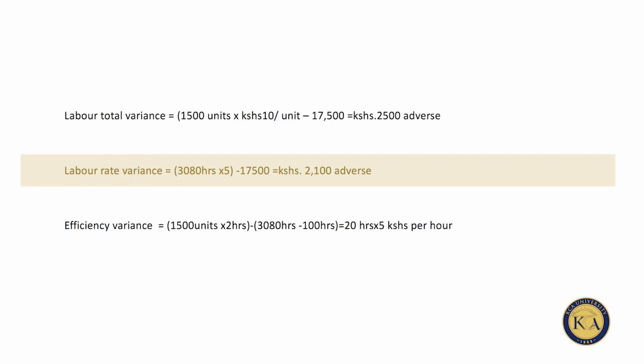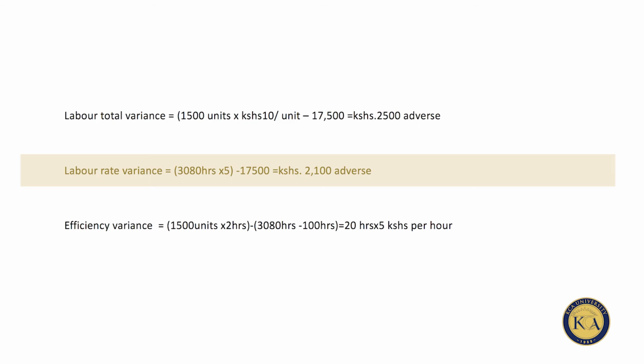The labor rate variance is about the standard cost of the hours which we used, 3,080 hours. In terms of the rate, we are going to pay for all the hours that we have spent, including the idle time hours.